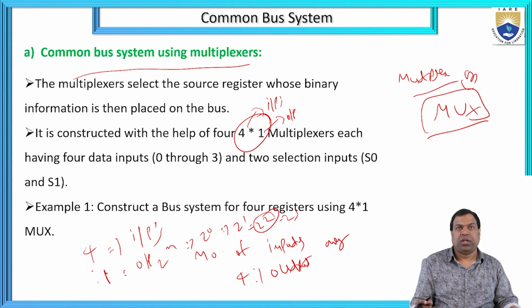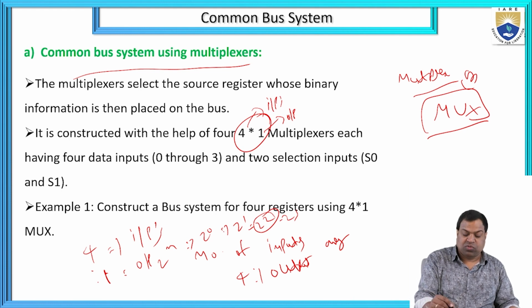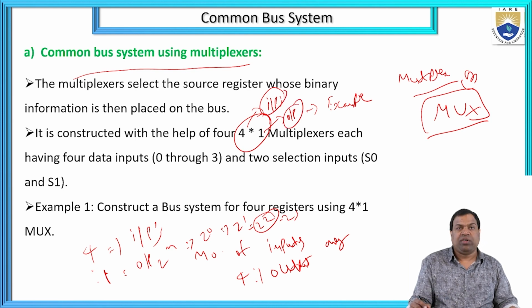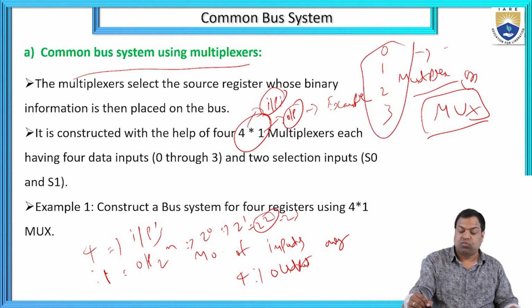Here the multiplexer selects the source register whose binary information is then placed on the bus, and it is constructed with the help of 4 is to 1. Here 4 is to 1 is one example. In this example, 4 is to 1 means 4 inputs and 1 output, each having 4 data inputs, from 0 to 3. So in total there are 4 inputs.